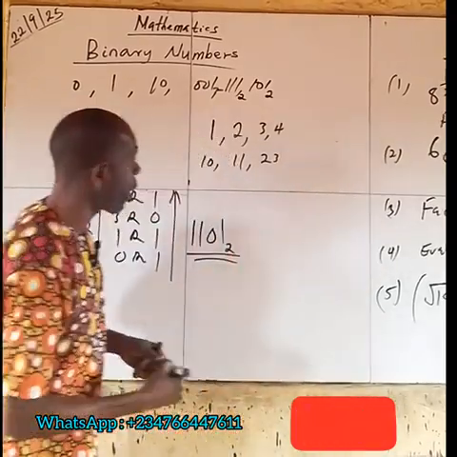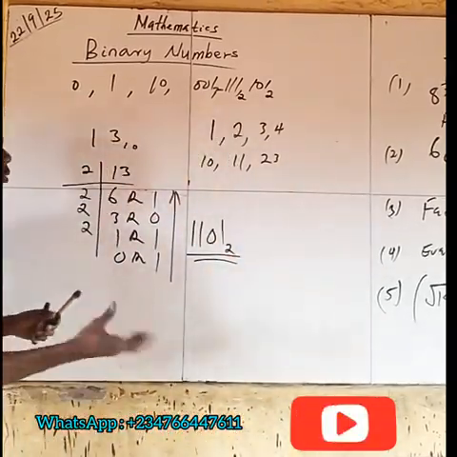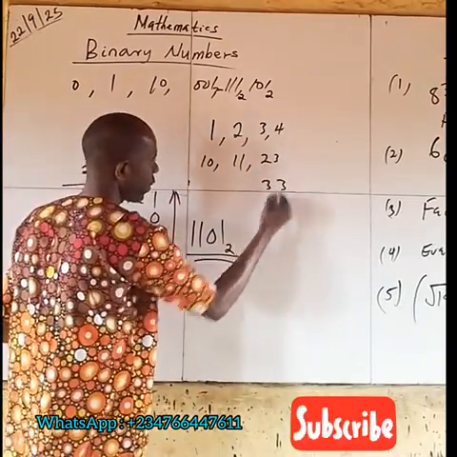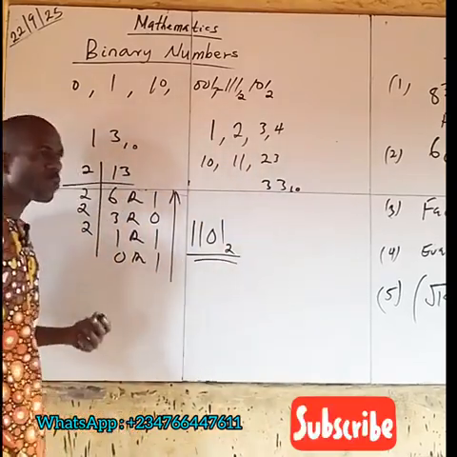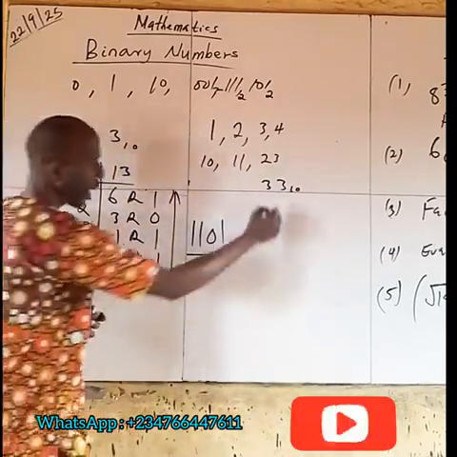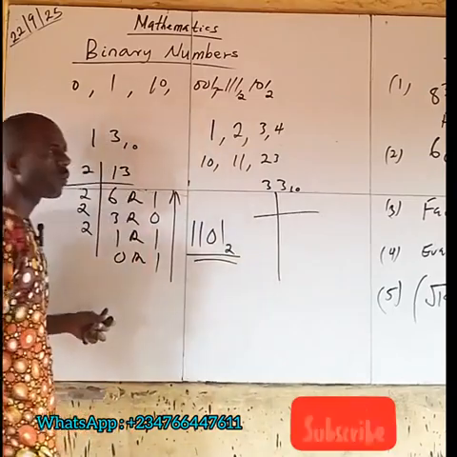Now let's say, for example, I want to convert 33 base 10 also to binary. Carry out the continuous division.